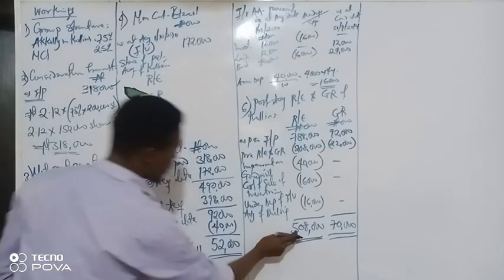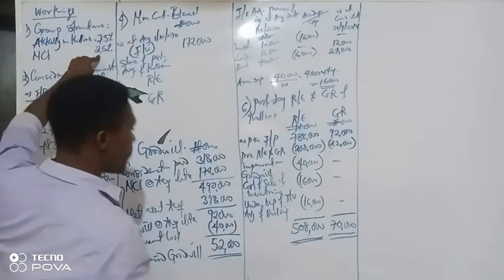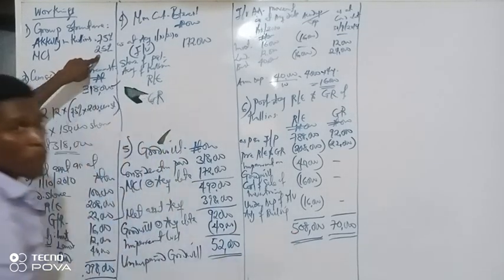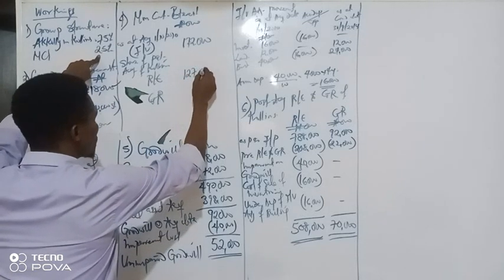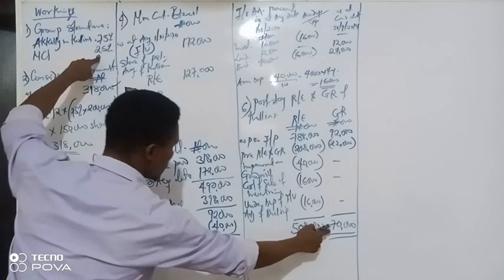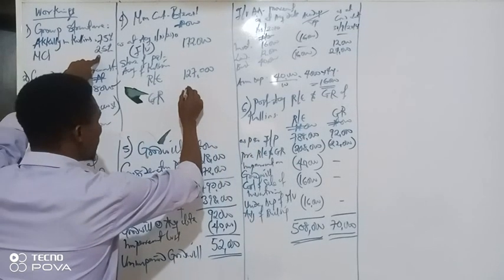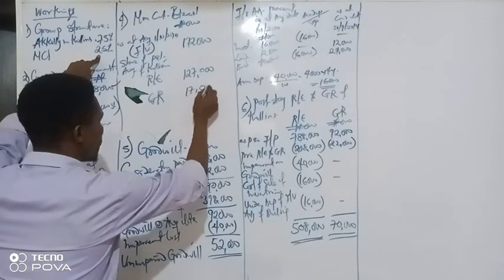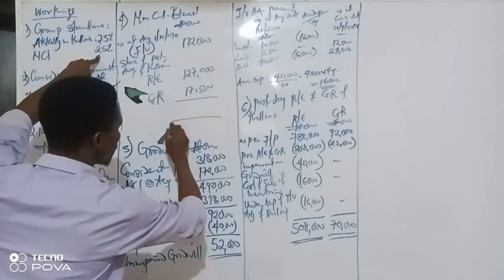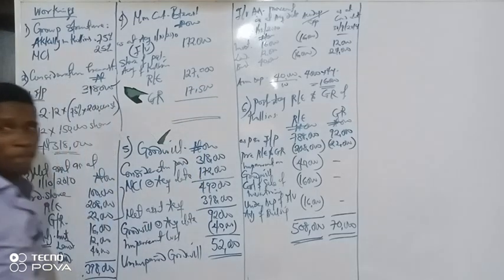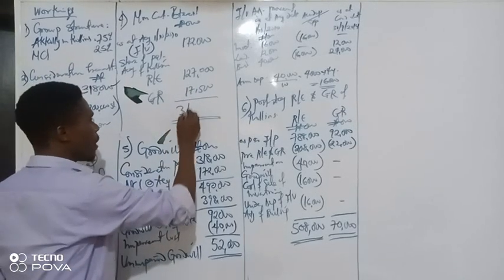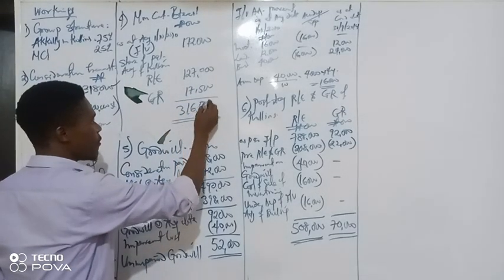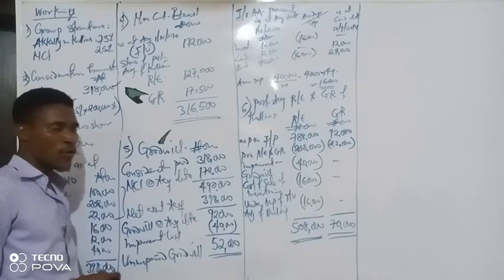For retained earnings, 25% of 508 is 127,000. 25% of 70,000 is 17,500. So in total, 144,500.